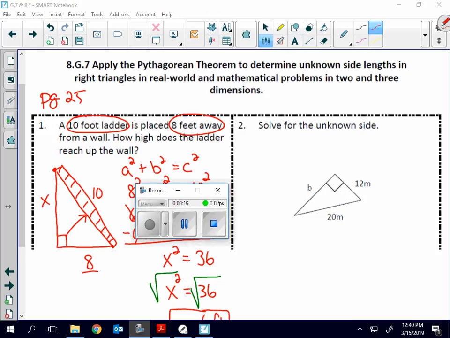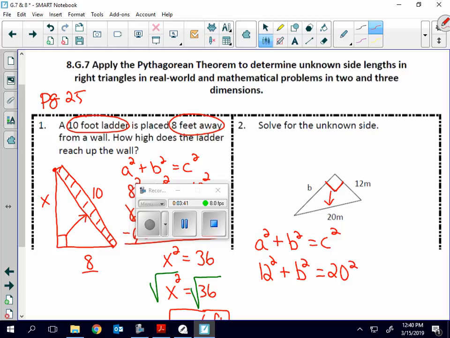All right, solve for the unknown side. Okay, again, we have a right triangle here, and we know that this is our longest side, which is C. So if I use my Pythagorean theorem, I can find the missing side. So if A is 12, then I have 12 squared plus the unknown side, B squared, equals C, which is 20 squared.